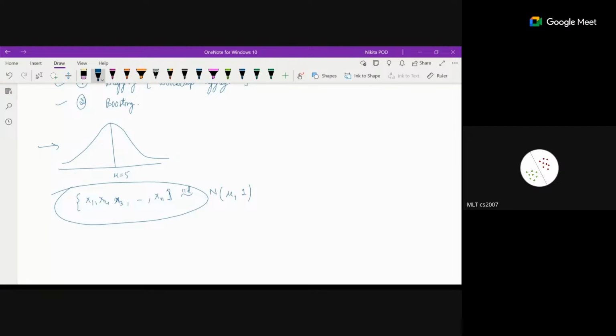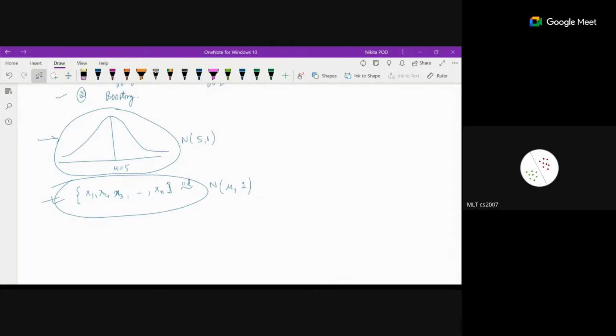Here we are writing that mu is equal to 5, so ideally the data comes from a normal with mean 5 and variance 1. But in reality, we don't know that. We only observe the samples. So if we have only observed x1, x2 up to xn, coming from a normal distribution with some mean mu and variance 1, my goal is to estimate this mu, right?